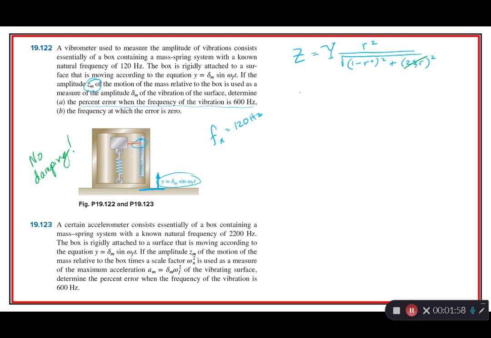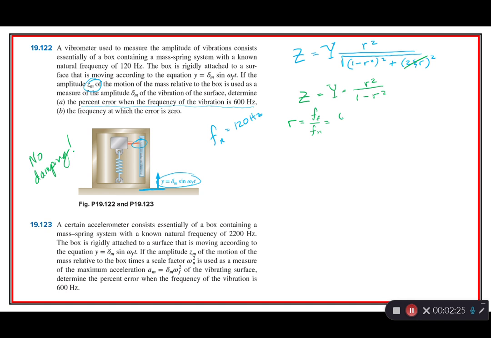And a little bit more finagling here, not much, we get R squared over 1 minus R squared. For this problem, we don't have to convert R to radians per second because we're comparing the two things. It's going to be the forcing over the natural.